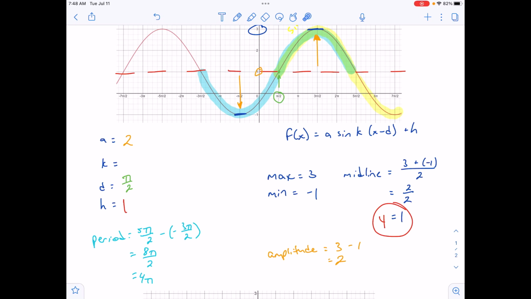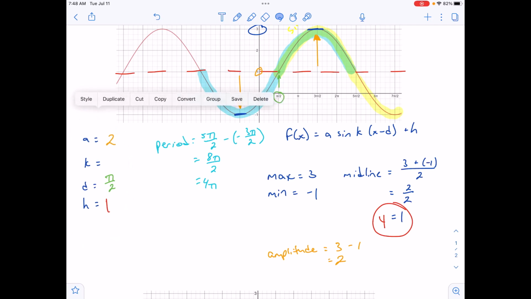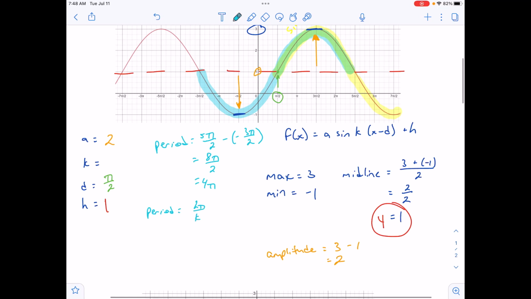And now recall that I can determine my k value. I'm just going to move this up here. My period is 2 pi divided by k. In this case, I have a period of 4 pi.